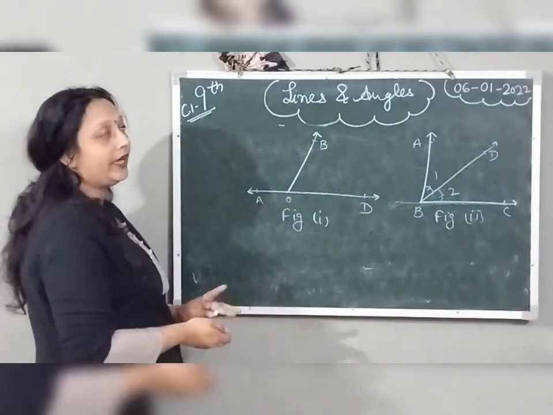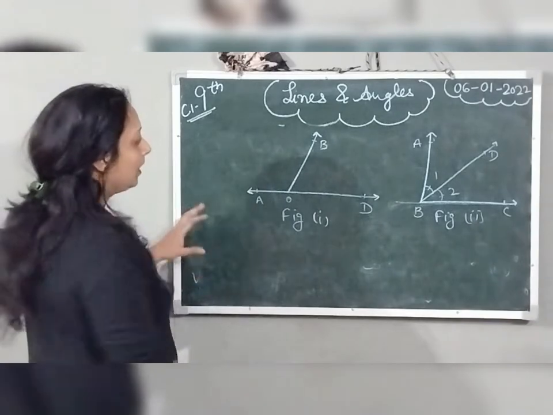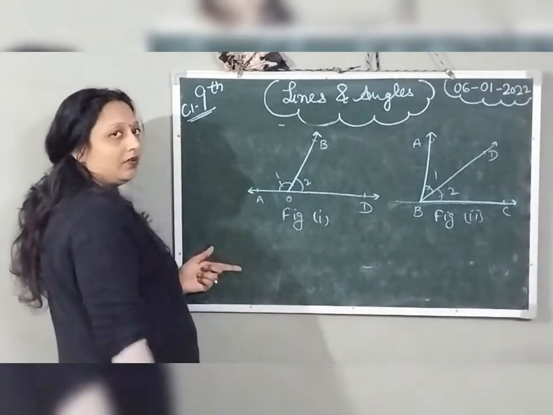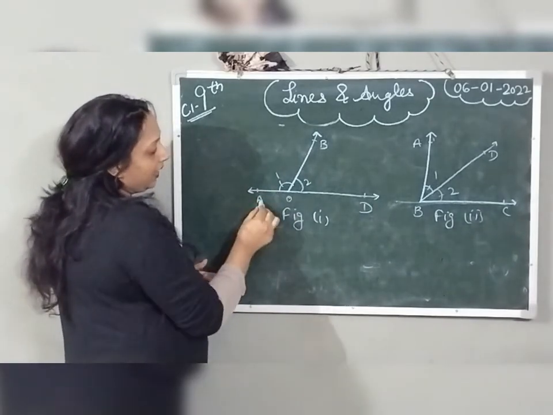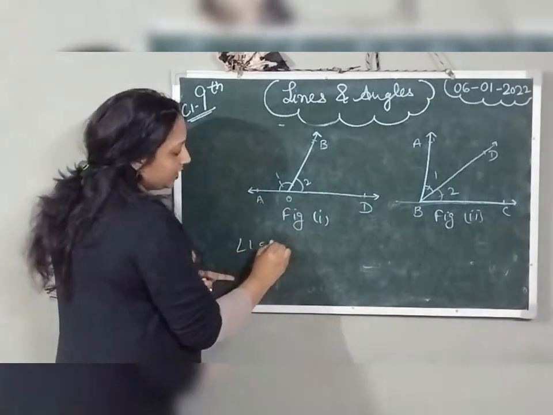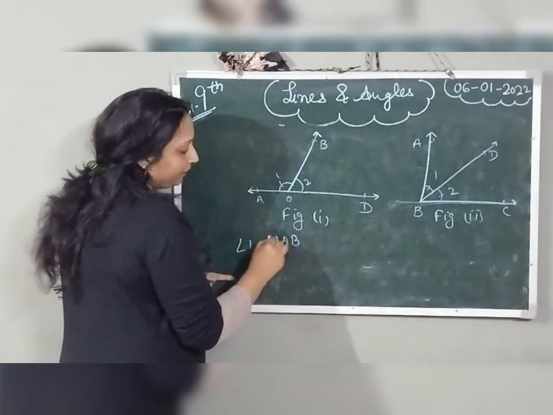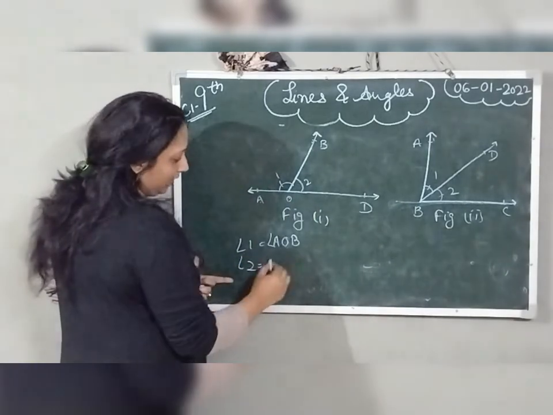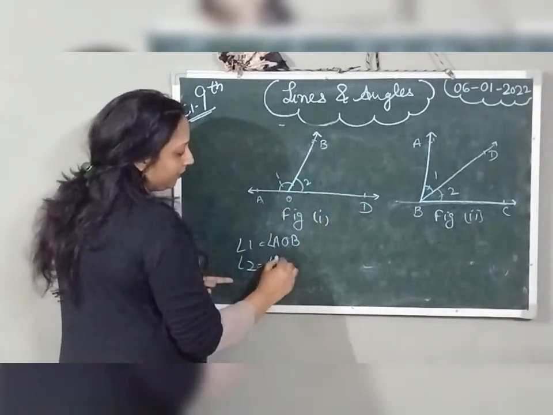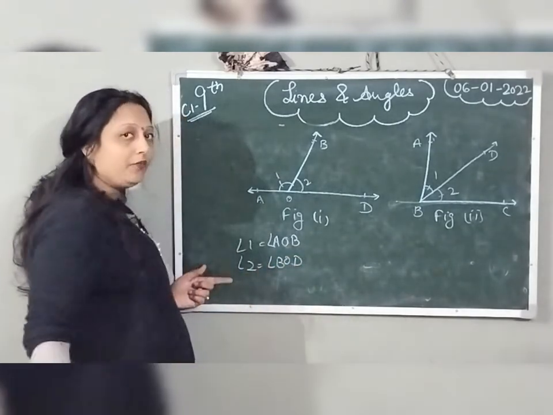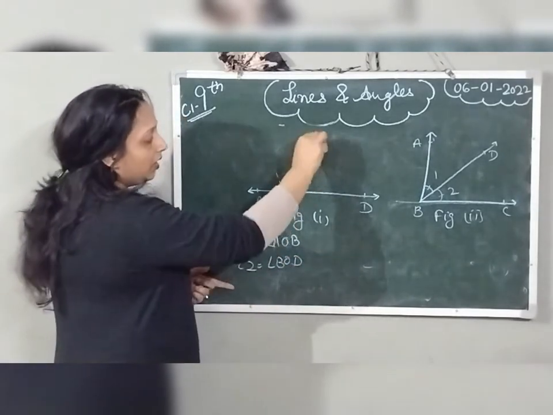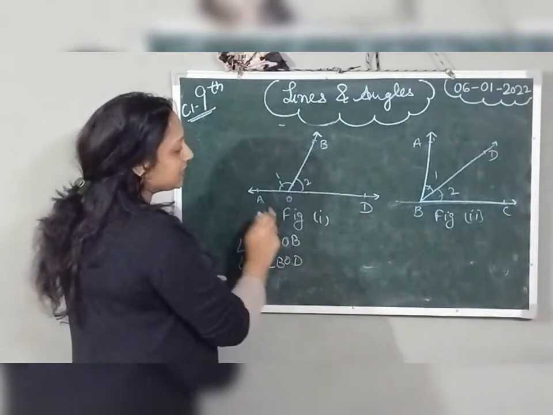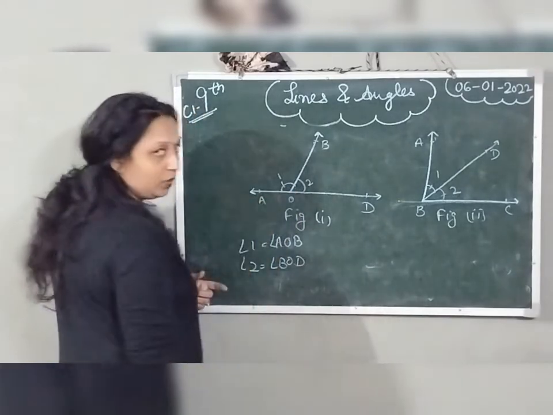Adjacent angles have one common arm. Here angle 1 and angle 2. What can we call angle 1? Angle AOB. Angle 1 is equal to angle AOB, and angle 2 is equal to angle BOD. So here one arm is common, that is OB or BO. You can say that OB arm is common in angle number 1 and angle number 2.